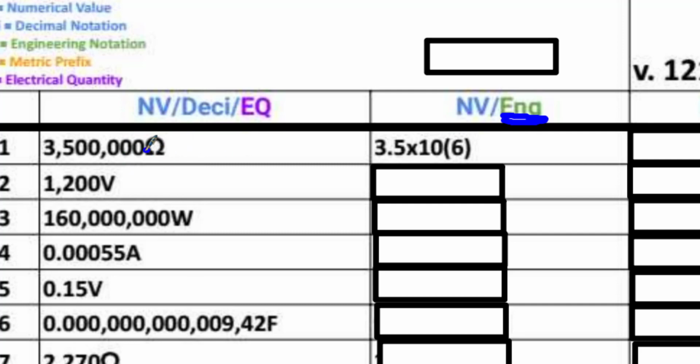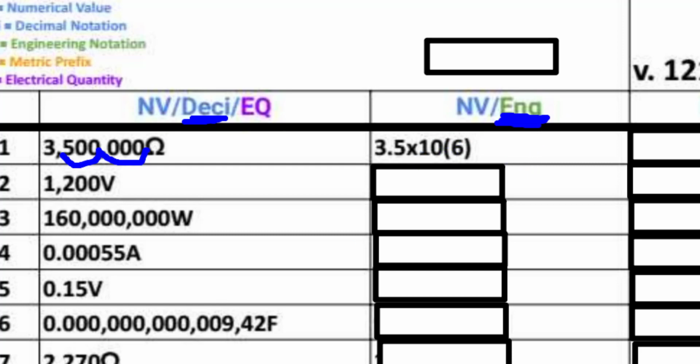But if I jump in jumps of 3, 1, 2, 3, 4, 5, 6, that helps me to keep my exponent a multiple of 3. So my first conversion is from decimal notation to engineering notation, and this same exact number of 3,500,000 ohms is now converted into 3.5 times 10 to the 6th.